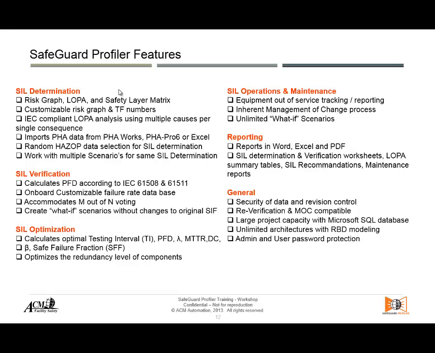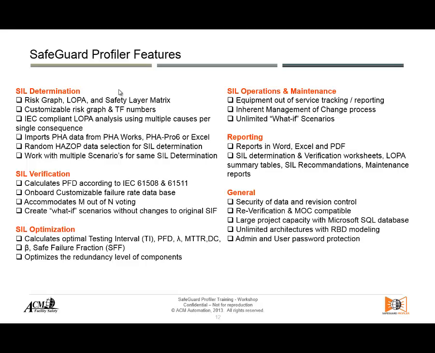And then we have also features for reporting that I talked a little bit about. We can issue reports in Microsoft Word, Microsoft Excel, or PDF. Safety integrity level determination and verification worksheets, tables, layer of protection analysis, summary tables, name of the SIFs, what is this risk reduction, in a formatted column in there so that you can easily refer to that column.